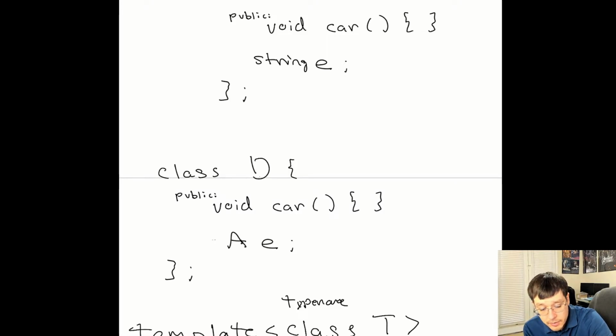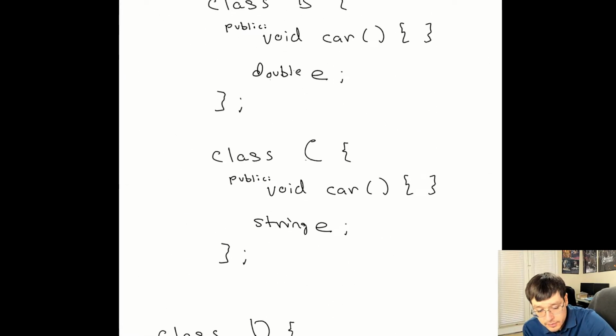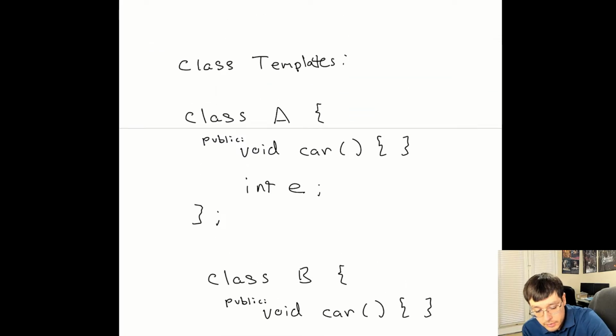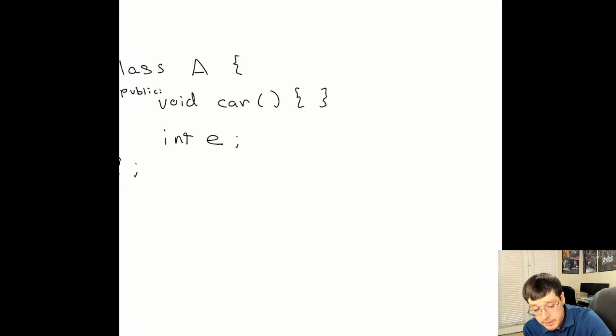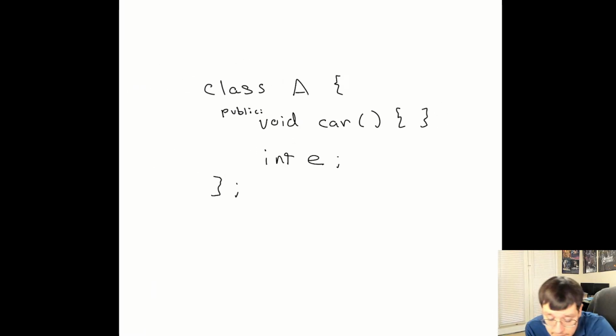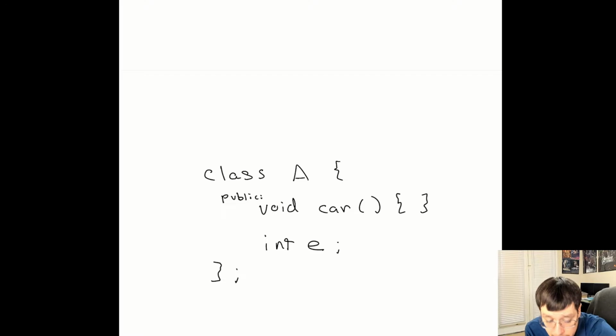For that, let's copy the first one. I'm going to start with the original code and then modify it to make a template class. The first thing I'm going to do is write that template code at the top.